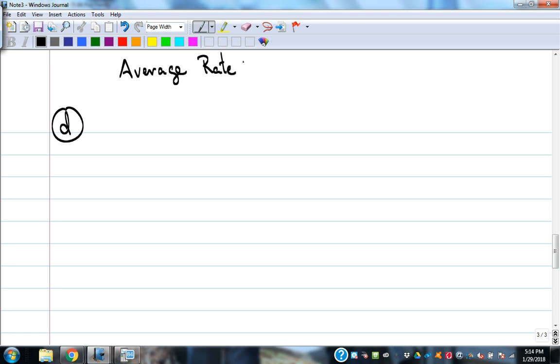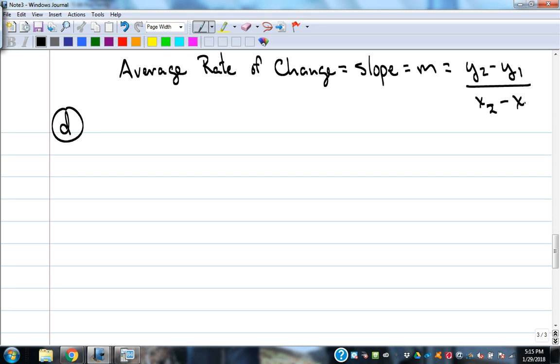An average rate of change is just slope. And we know that the slope, usually represented by m, has a formula y2 minus y1 over x2 minus x1.